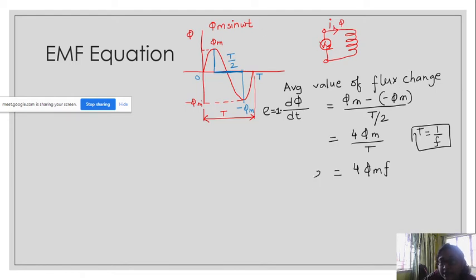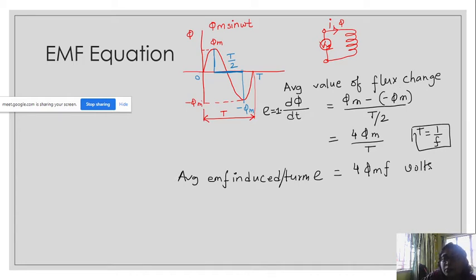This is basically the average EMF induced per turn. Any problem? No, ma'am. So this is actually in volts, right?